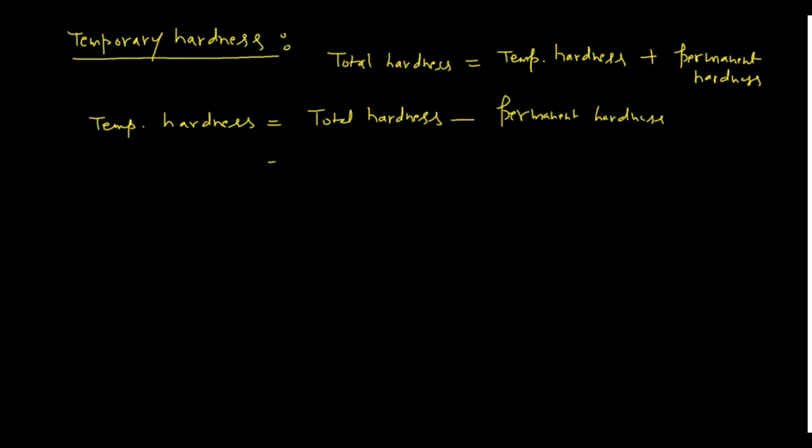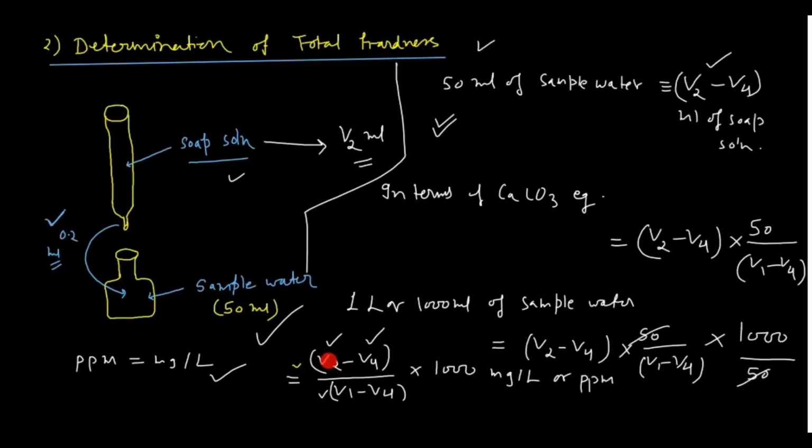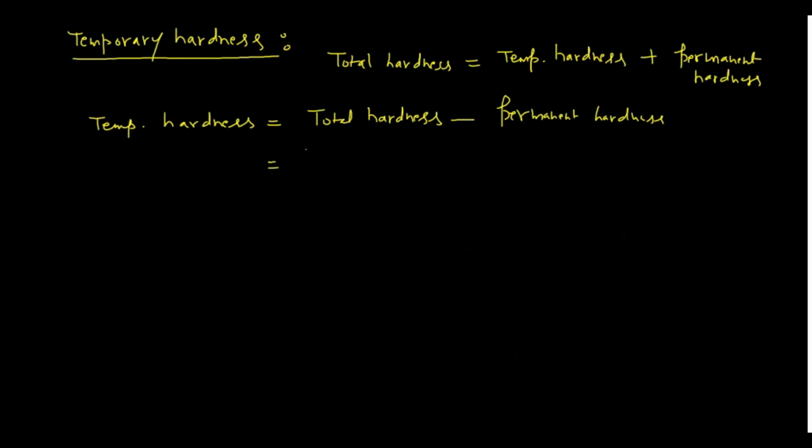And for total hardness, please remember, you are having the expression (V2 minus V4) over (V1 minus V4) multiplied by the 1000. So I will write that expression here: V2 minus V4 divided by V1 minus V4 multiplied by 1000.